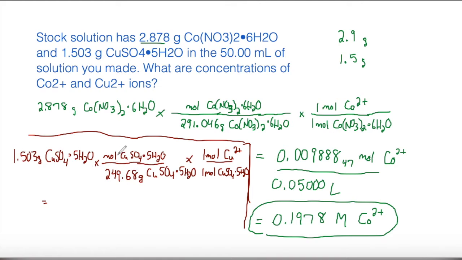Here we have the molar mass. We can convert to moles of copper 2 sulfate pentahydrate, and then to cut down on our writing, we can just convert this into moles of copper ions, make it a little neater.